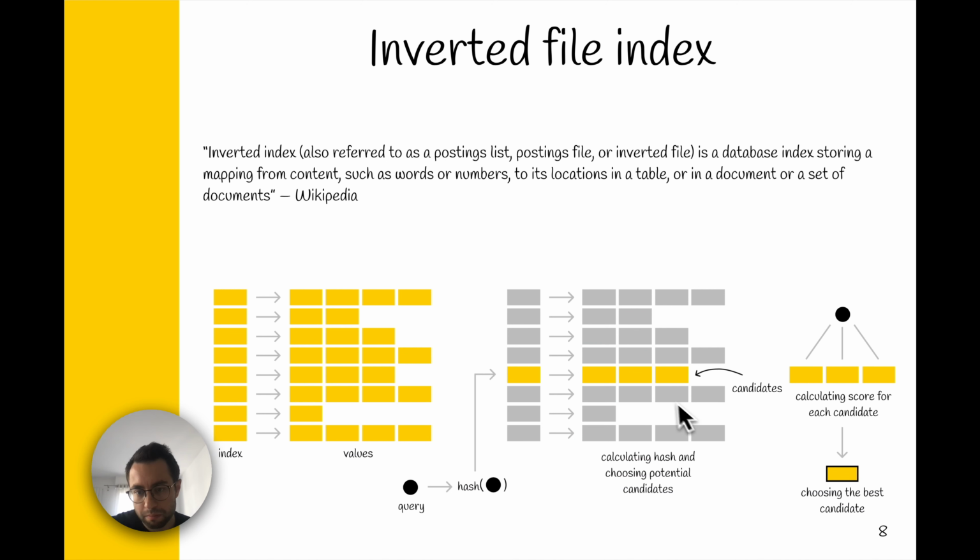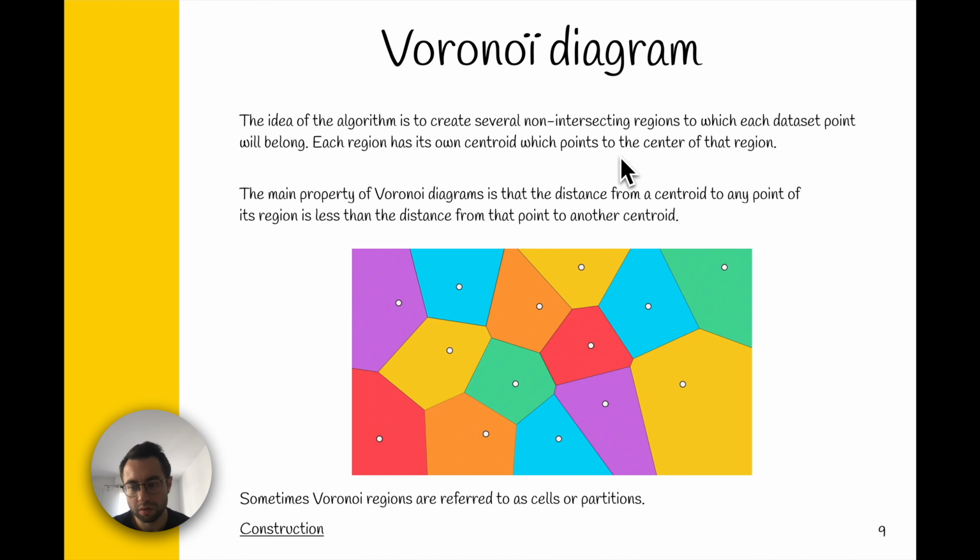And then we will just perform an exhaustive search in this candidate space and retrieve the most similar candidate. In some sense, we reduce the search scope. Instead of searching all the candidates in the table, we only bound ourselves to, in this case, 3 candidates, which is much faster. One of the popular mechanisms that allows us to implement this data structure is called the Voronoï diagram.